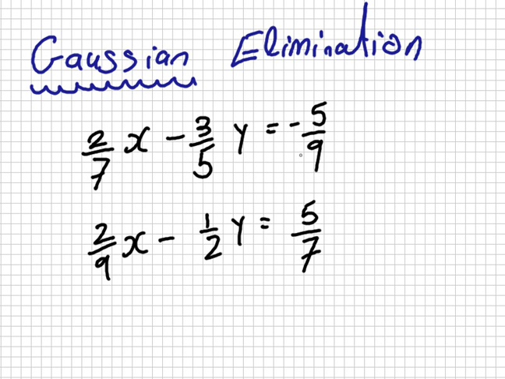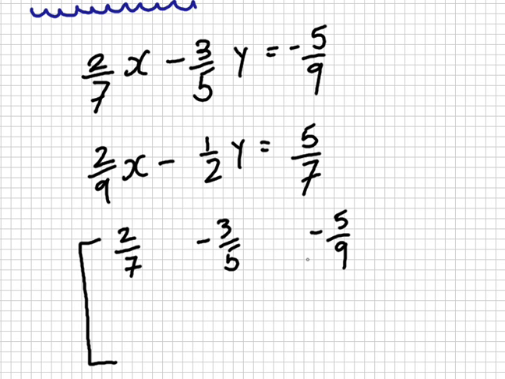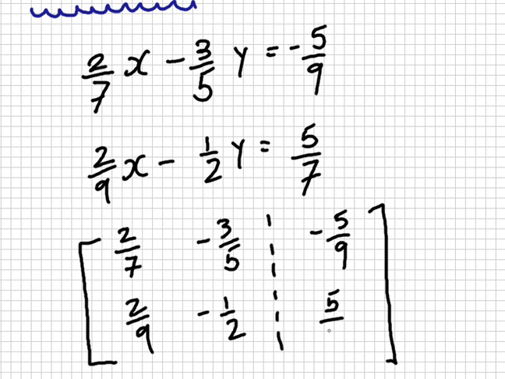Okay, so what we do, to save time, we don't write it like this all the time. We write it shorthand. So we write 2 over 7, minus 3 over 5, minus 5 over 9, and then 2 over 9, minus 1 over 2, and then 5 over 7.